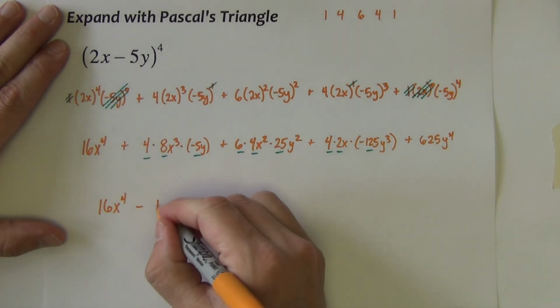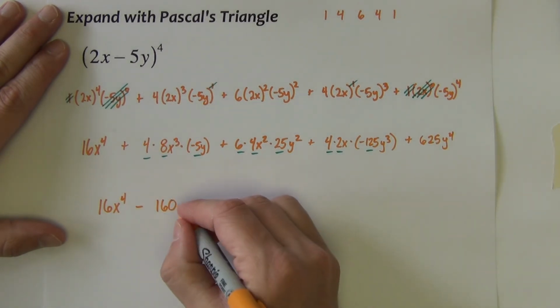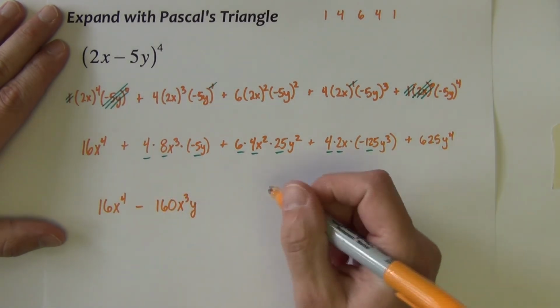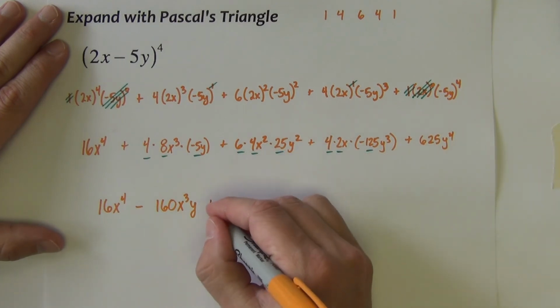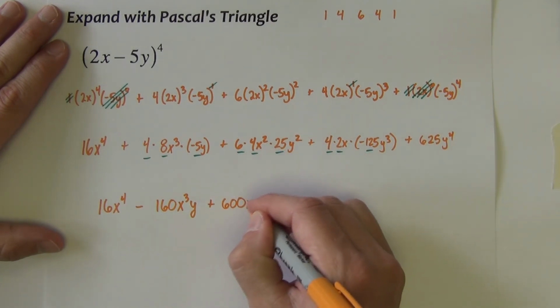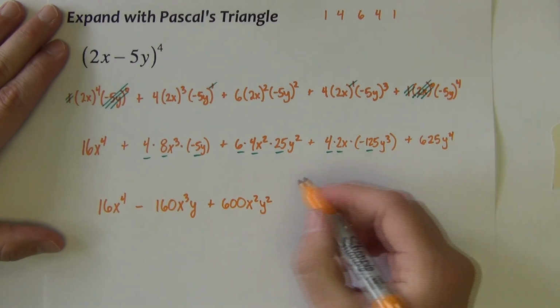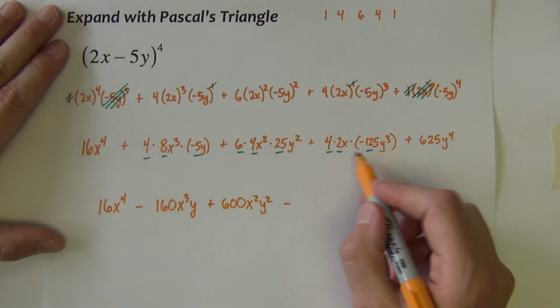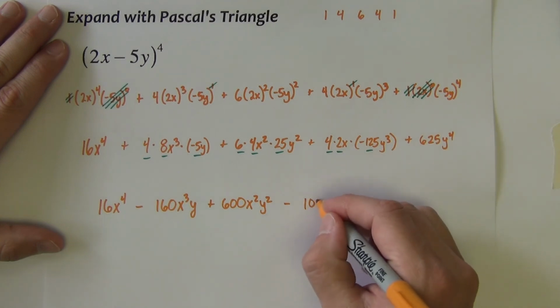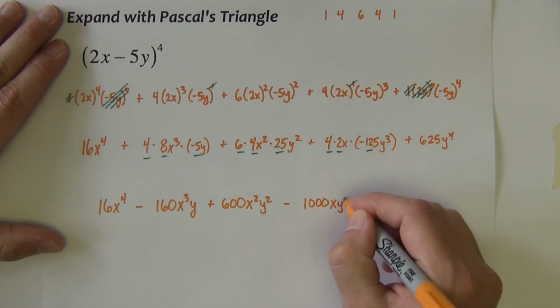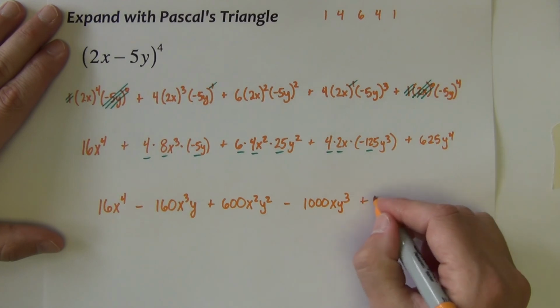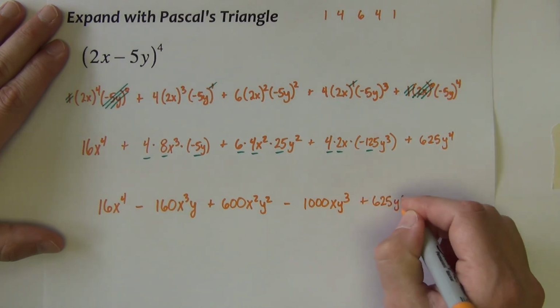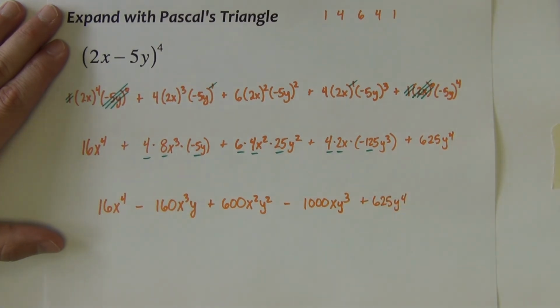We're going to have 160 x to the 3rd y. Next we're going to have plus 600 x squared y squared. Next we're going to have minus 1000 xy cubed, and then the 625 y to the 4th at the end.